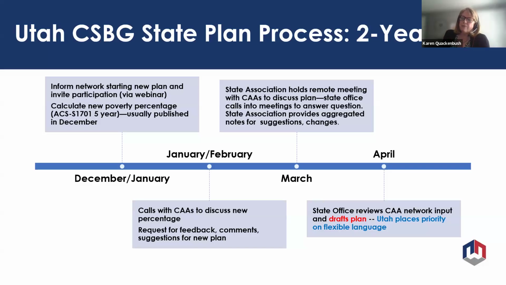We are a base plus percentage state. Our formula is simply a $50,000 base plus each community action agency's percentage of the CSBG eligible population. We update that percentage every 2 years, and we've formed a work group to start looking at the 29-30 state plan, to see if we need to update the base.